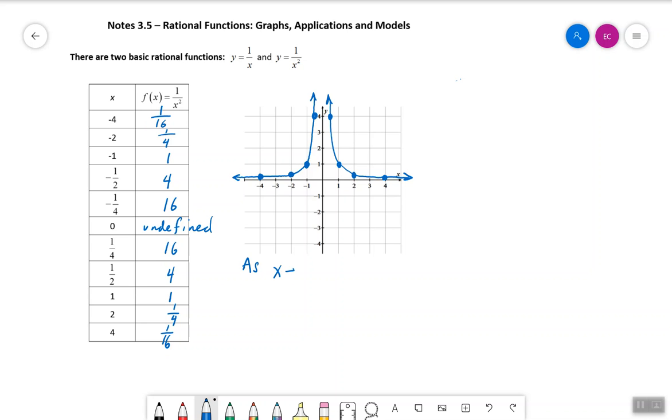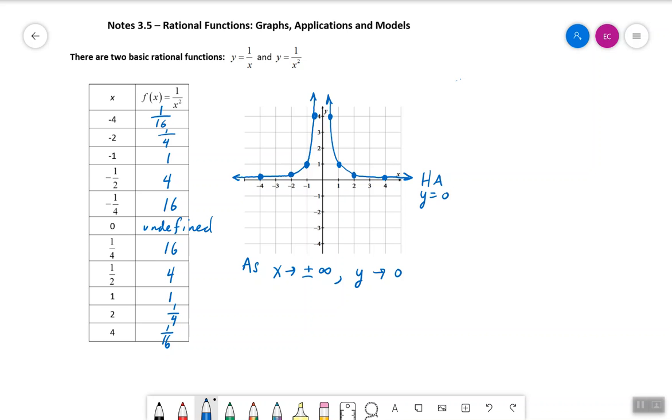As x approaches plus or minus infinity, out at the far right or the far left of the graph, y approaches 0. And that's exactly the criterion for a horizontal asymptote. So this graph, just like the last one, has a horizontal asymptote at y equals 0. The asymptote is the horizontal line that the graph approaches. And so y equals 0 is the equation of that horizontal line.